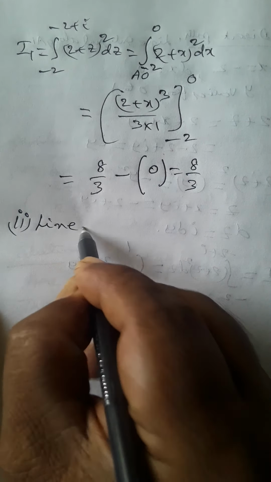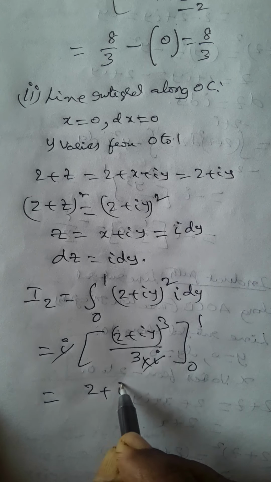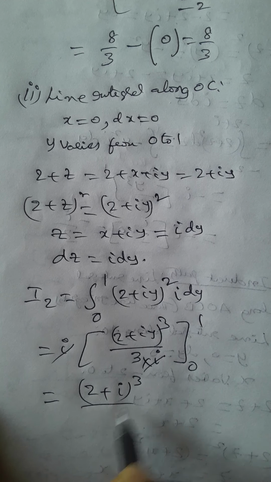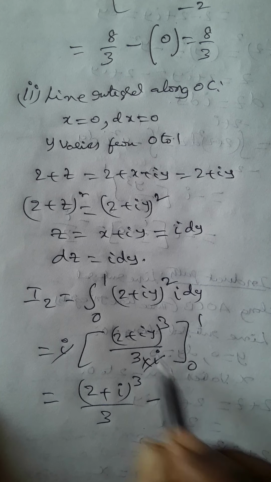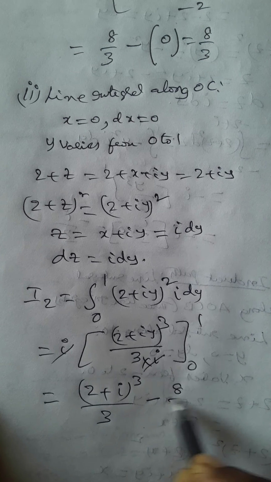Taking i common, the integral gives (2 plus iy) whole cube by 3, into the derivative of iy which is i, from 0 to 1. The i cancels. Substituting 1 here, 2 plus i whole cube by 3 for the upper limit, minus 0. That is 2 cube by 3, 8 by 3.